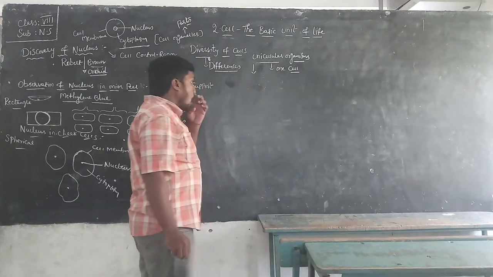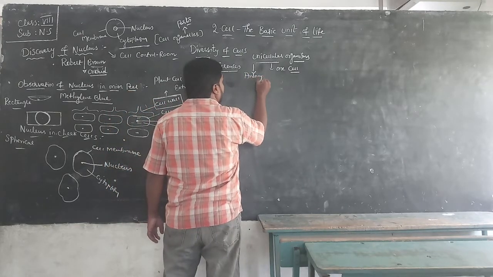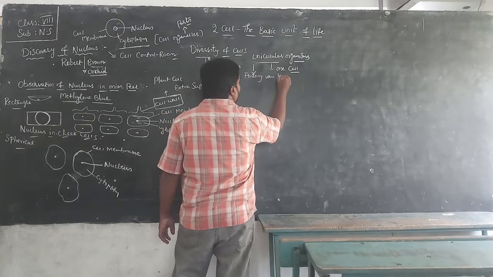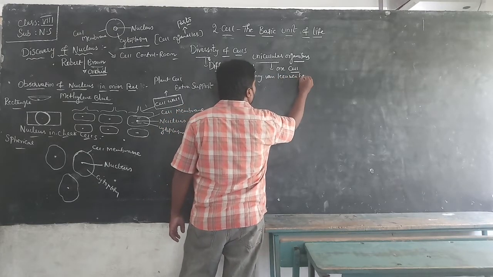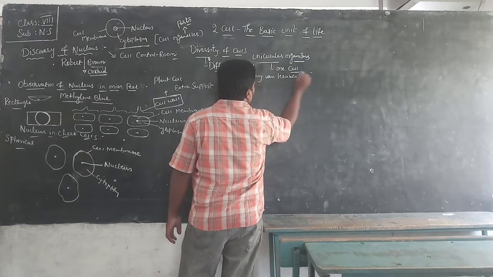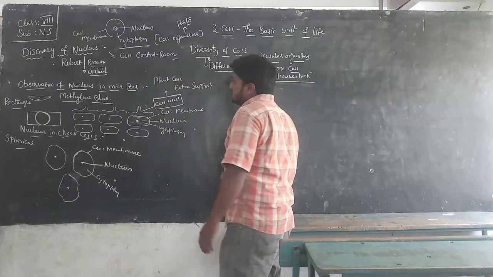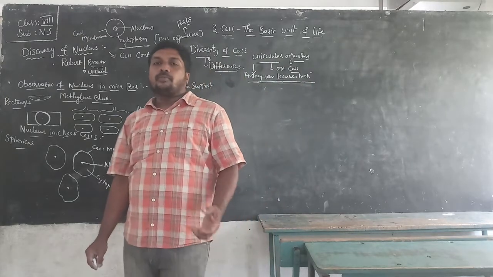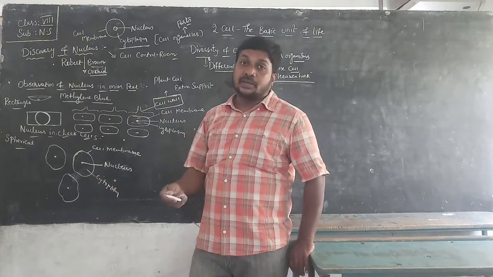Unicellular organisms were first discovered by a scientist called, already I explained in the previous class, again I repeat, Antoni van Leeuwenhoek. He is the person who observed unicellular organisms under a microscope. He found these organisms in pond water.